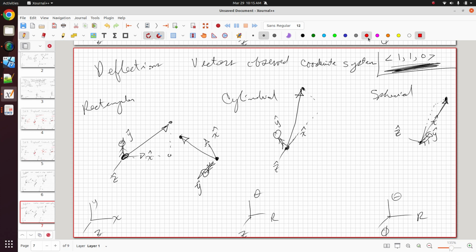Then it's the same procedure as before. Depending on what the displacement coordinate system is, use that observer, use that displacement coordinate system to look at your deflections.